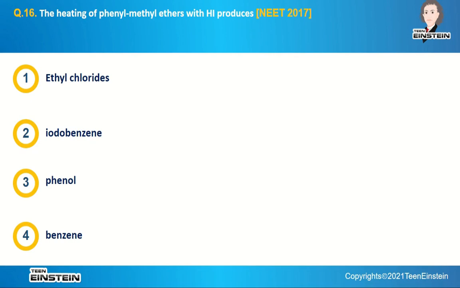The heating of phenyl methyl ether with HI produces. Here the phenyl methyl ether is nothing but anisole. So the benzene ring has an ether group which is attached with a methyl group. So phenyl methyl ether is anisole.